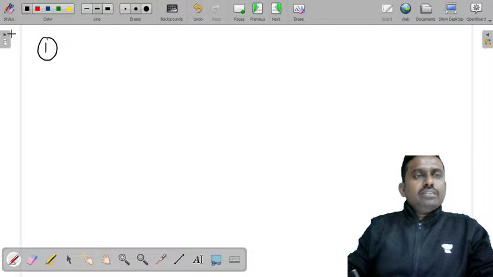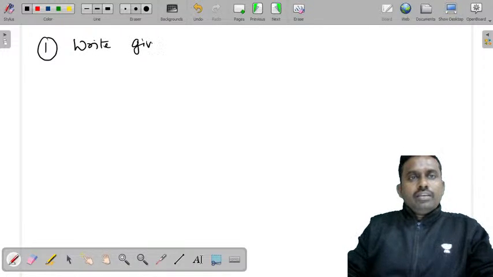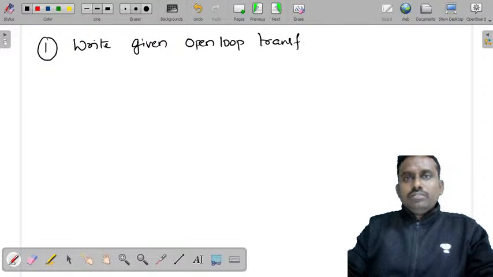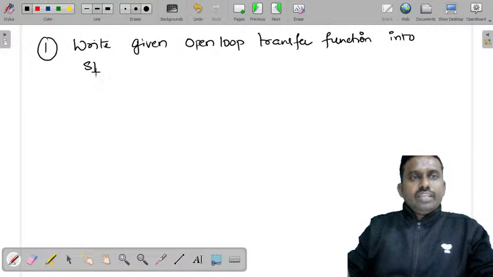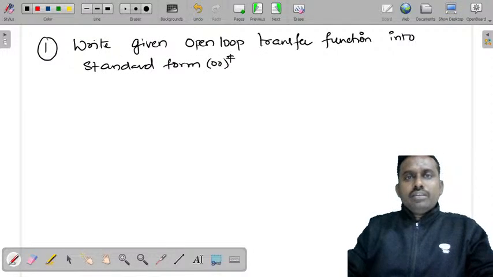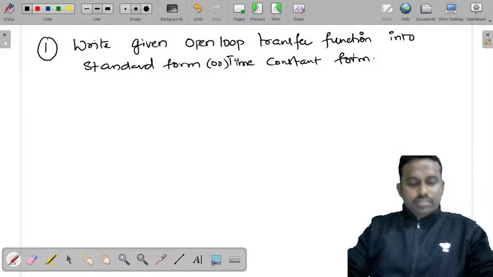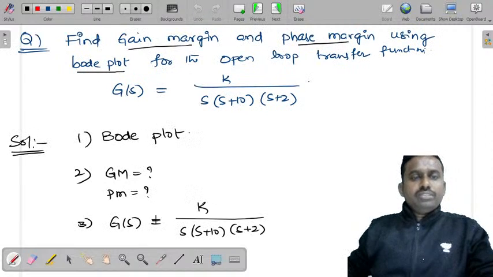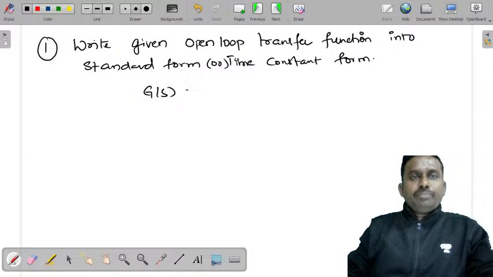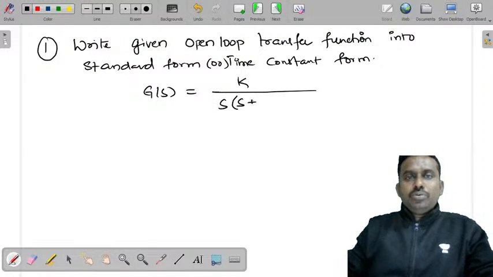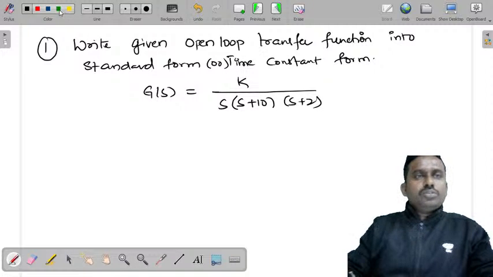The first step in the solution is to write the given open loop transfer function into a standard form, which you'll also call time constant form. Write G(s) is equal to K by s into (s plus 10) into (s plus 2).